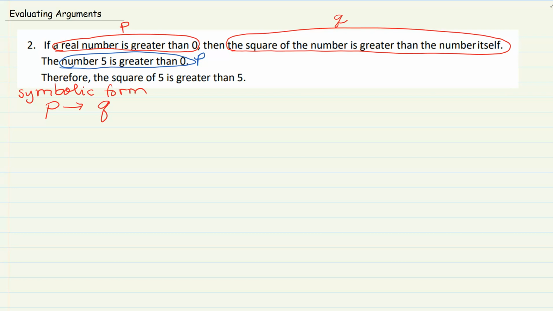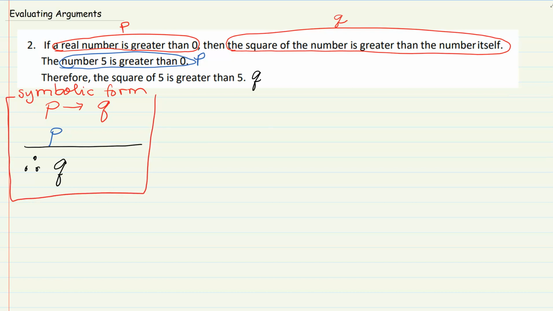So premise number 2 is P. Therefore, the square of 5 is greater than 5. The square is greater than the number itself, and that would be Q, right? Therefore, Q. So that is the symbolic form of the argument.